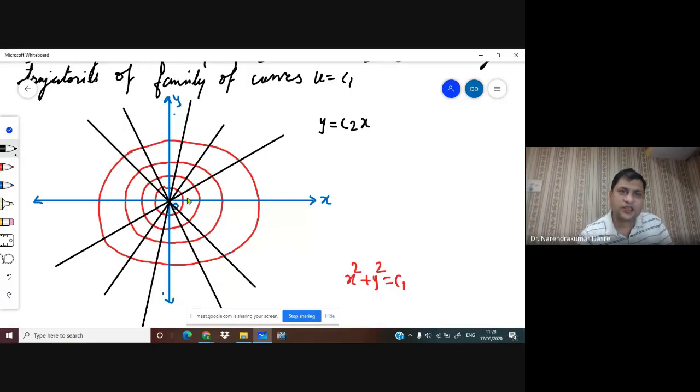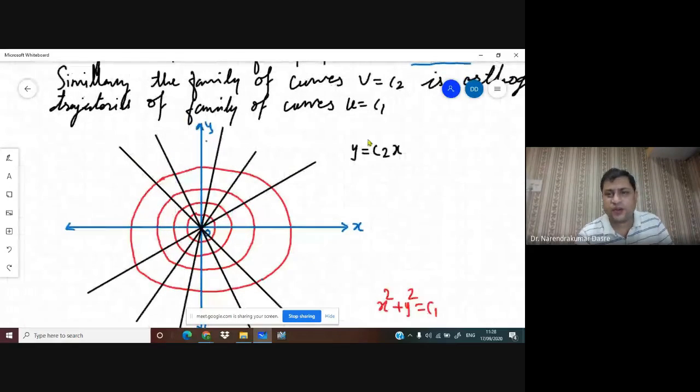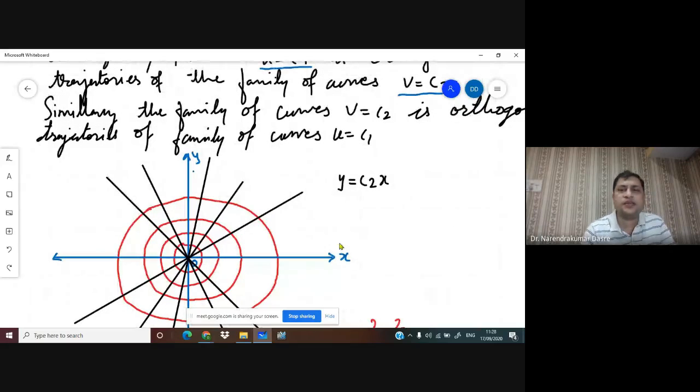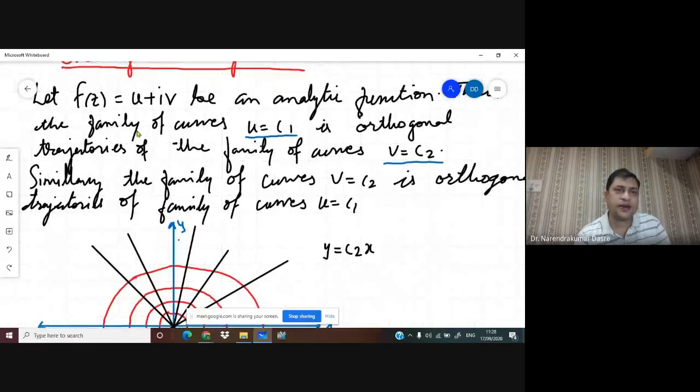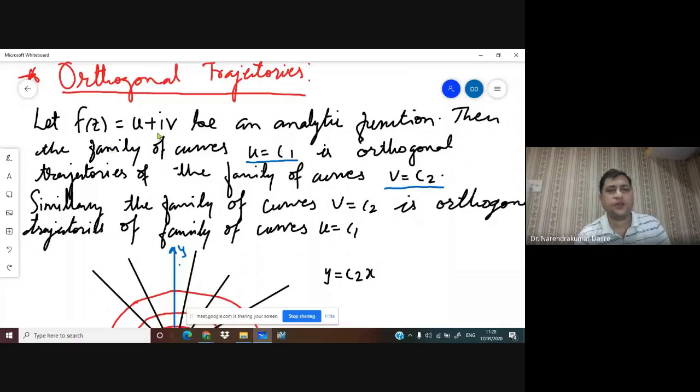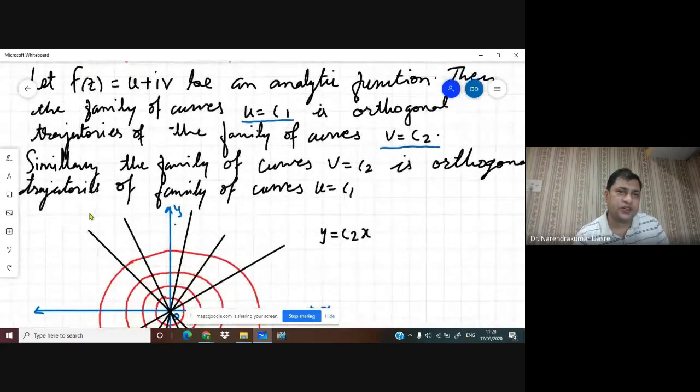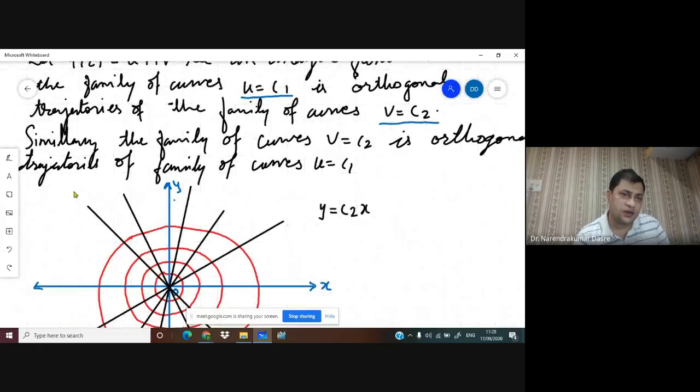Another way we can say it is that all the circles intersect this line family at 90 degrees. When every member of one family intersects every member of the other family at 90 degrees, we say these two families are orthogonal trajectories of each other. And they are related to the analytic function as the real part and imaginary part. So this is how the real part and the imaginary part of the analytic function are related to each other through orthogonal trajectories.